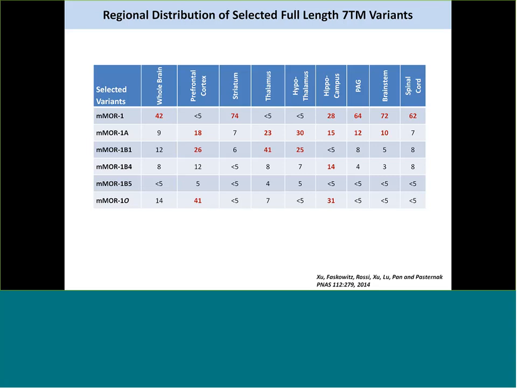However, a very different picture comes out when you actually do a regional distribution as opposed to looking at whole brain. Perhaps some of the more dramatic differences would be, for example, in the prefrontal cortex, where in this particular situation, MOR1 itself is now a very minor component, and MOR10, a 7-TM with the exon 7 in the place of exon 4, represents close to 40% of the full-length MOR1 splice variants.